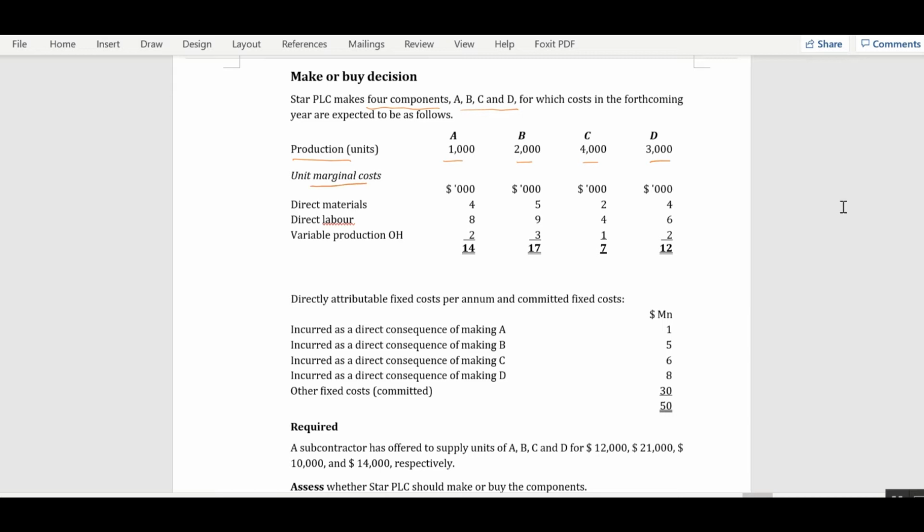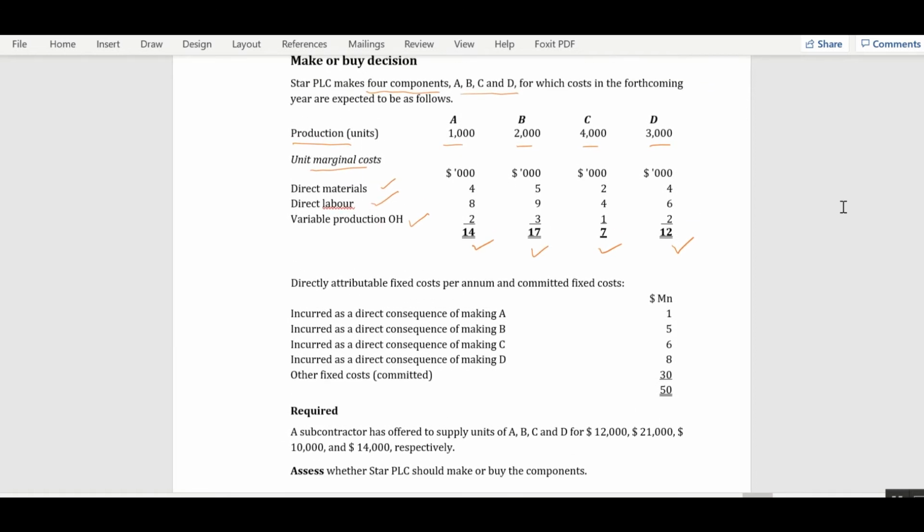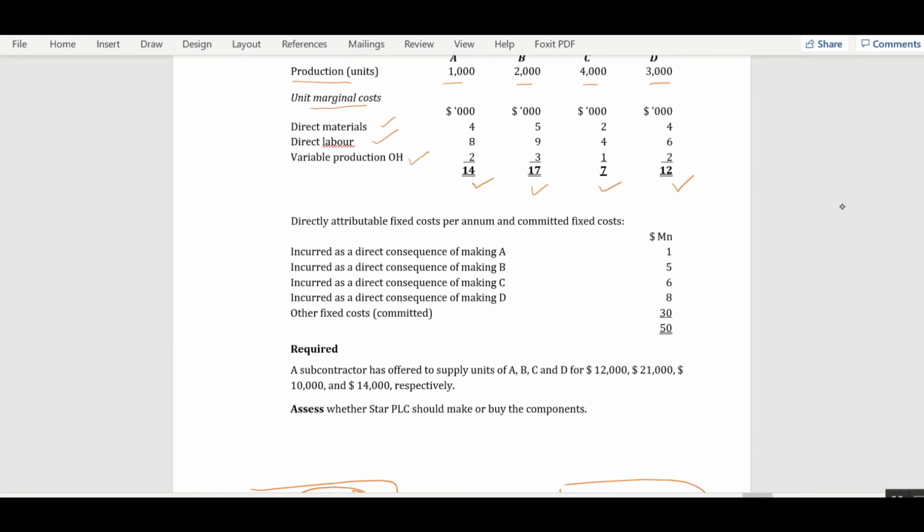Then the marginal cost, the direct material cost, direct labor, variable production overhead costs are given, which is 14, 17, 7 and $12,000 per unit. The directly attributable fixed cost per annum and the committed fixed costs are given.